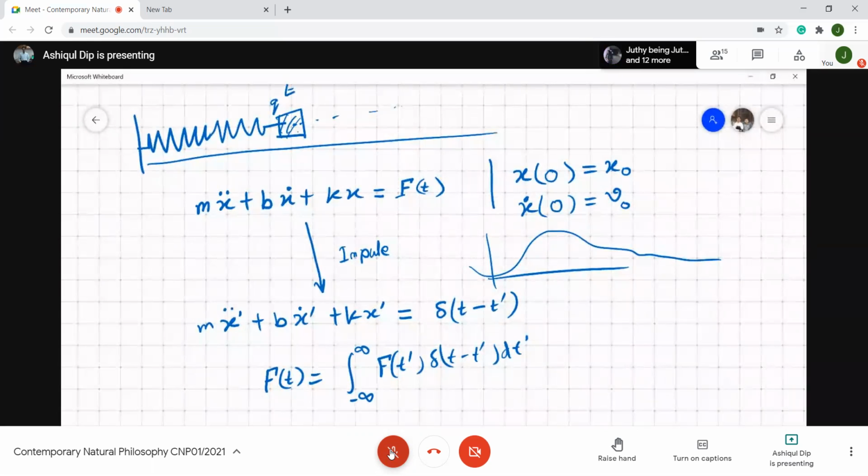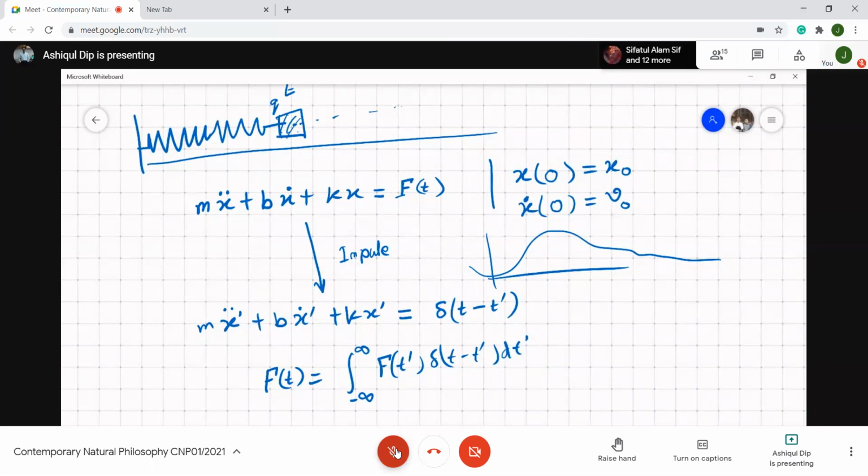What happens when you hit this object with a bat, but for a really short moment? You analyze that situation and use that specific result to find the solution of the general differential equation you want, right?